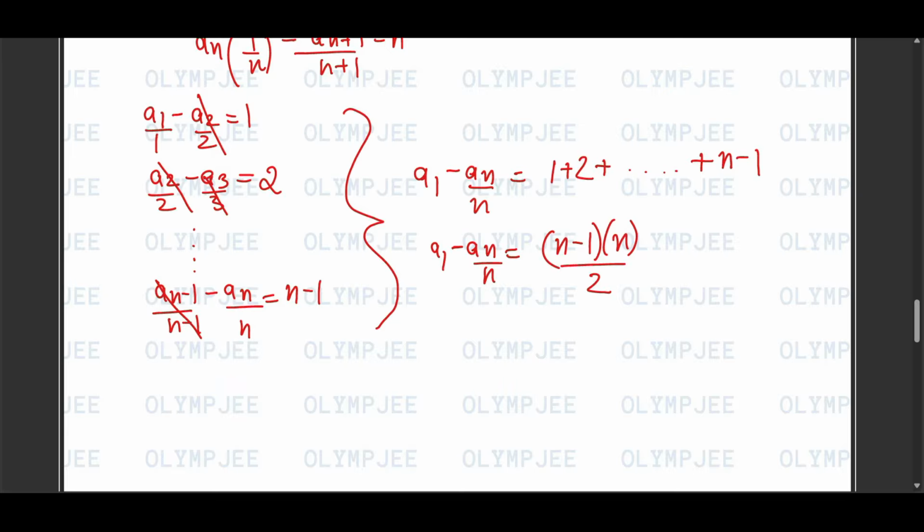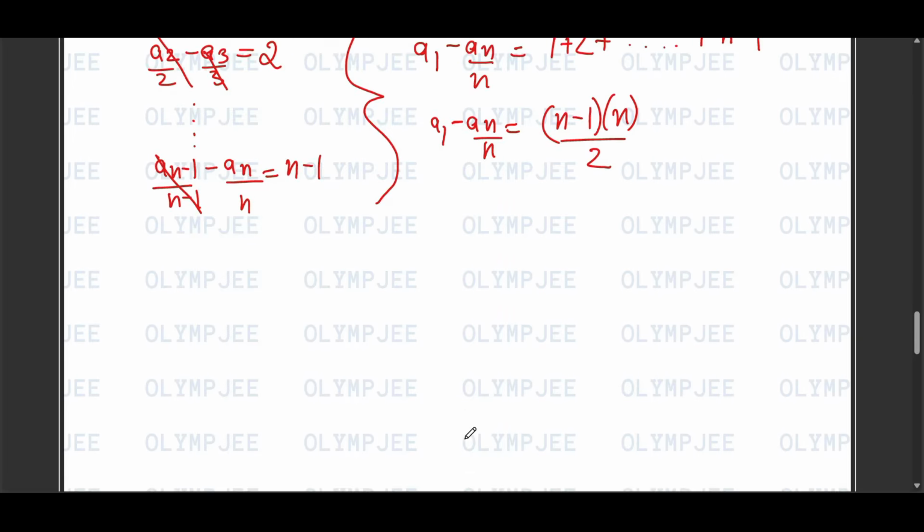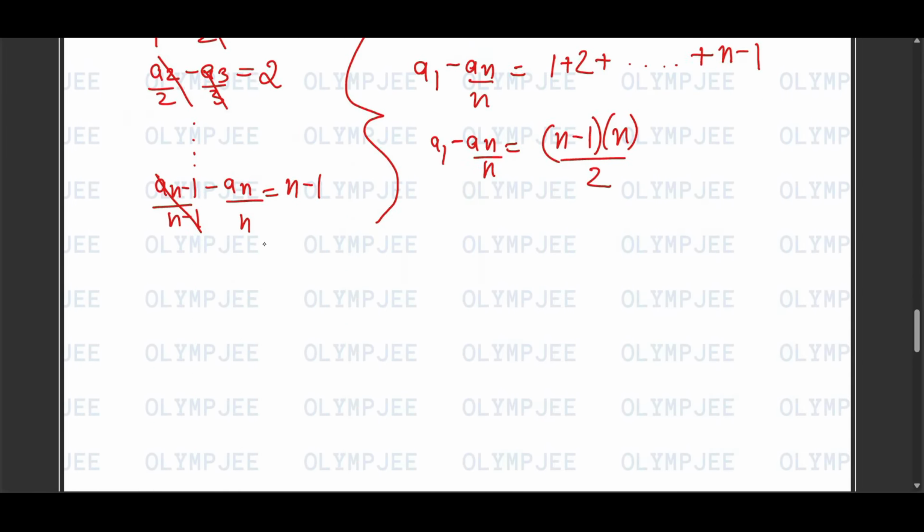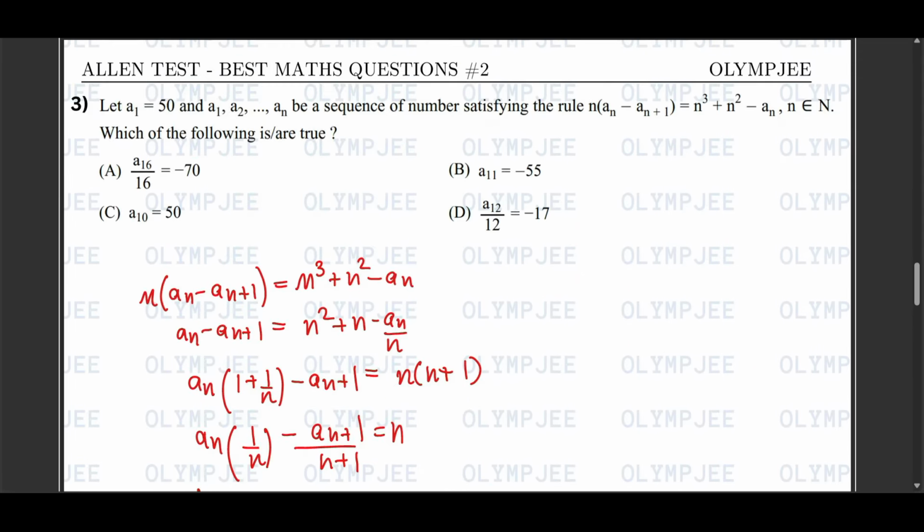So this will give us, let us check, a16 by 16 we have to find. a_n by n is finally a1 minus (n minus 1) multiplied by n by 2. So a16 by 16 is equal to, a1 was given as 50, right?